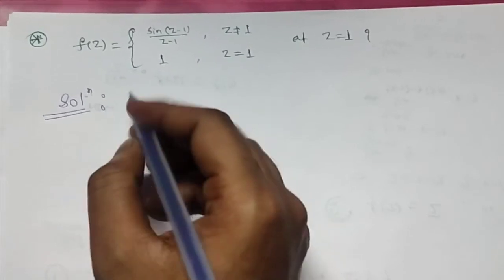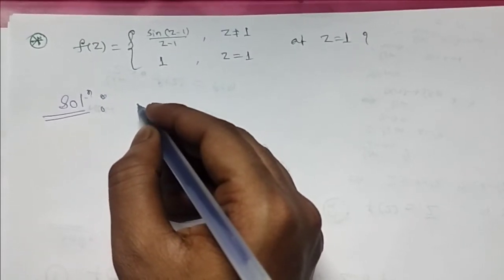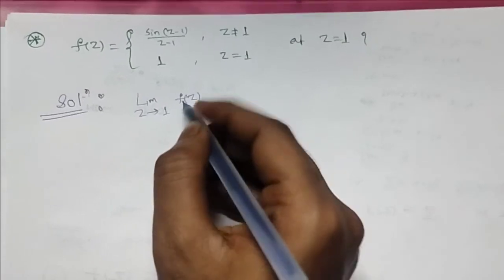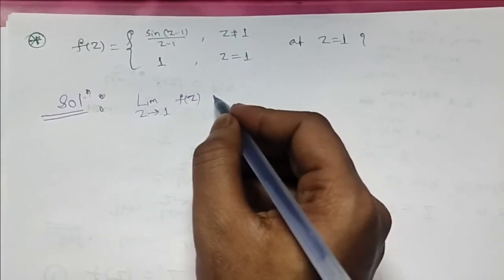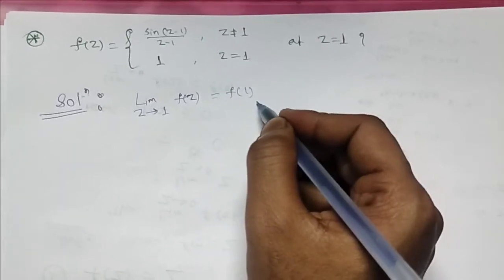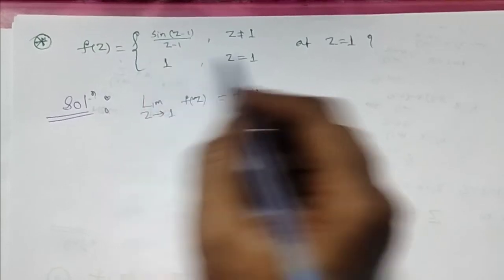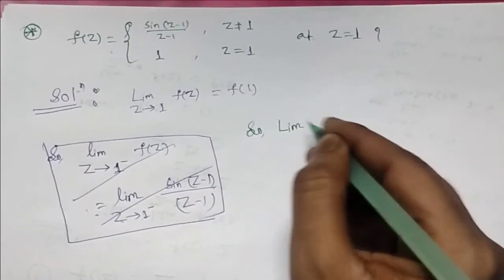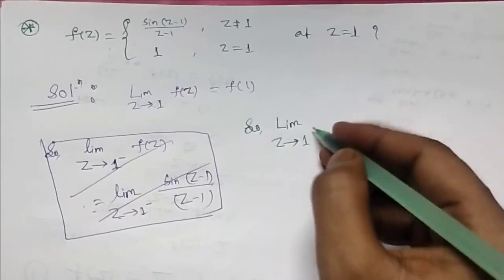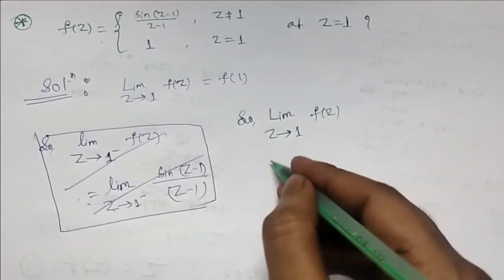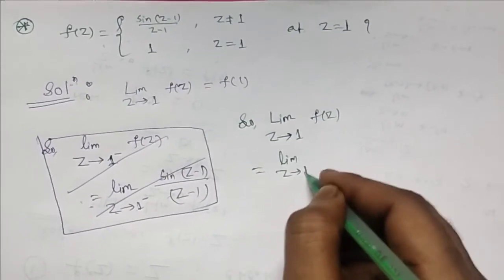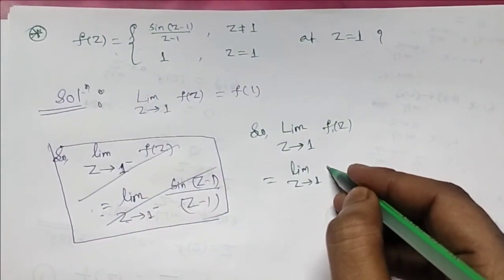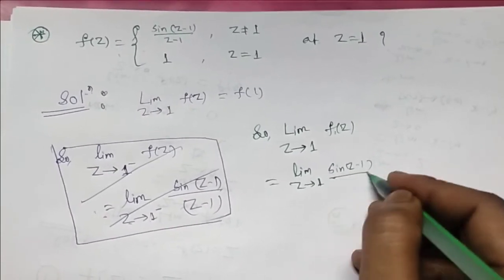Given this, we have to check the limit as z tends to 1 of f(z). If this is equal to f(1), then we say that the function f is continuous at the point z = 1. Now the limit as z tends to 1 of f(z), at points z not equal to 1, is sin(z - 1)/(z - 1).